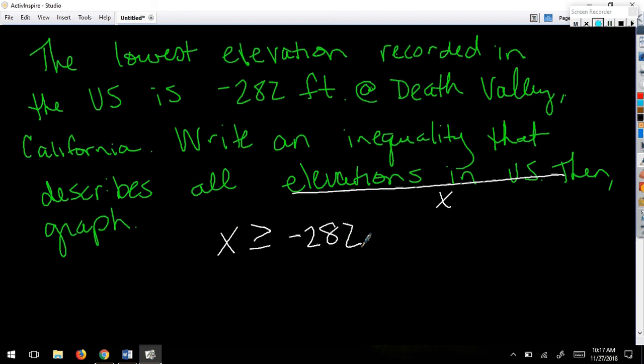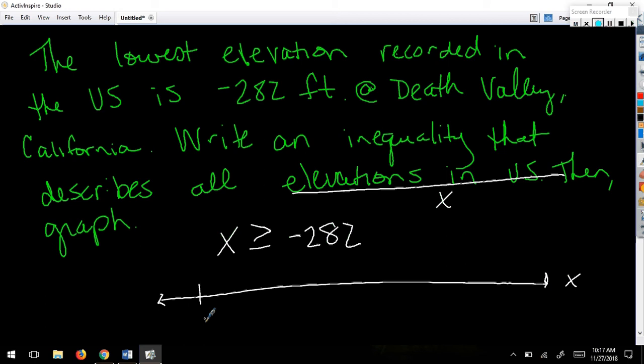Tell me how I would graph this. I'm going to set my number line up. Number lines are not like an XY plane; I don't have to start at 0. I can start my number line at whatever I want.